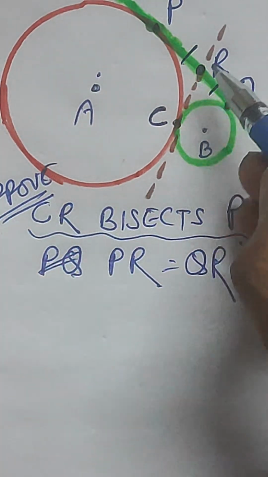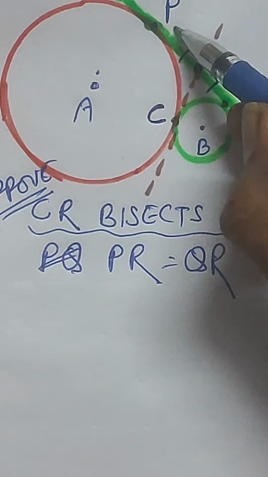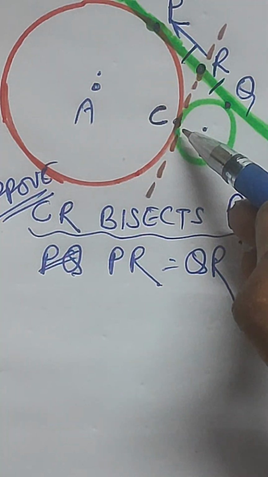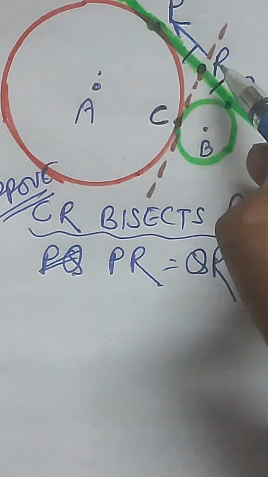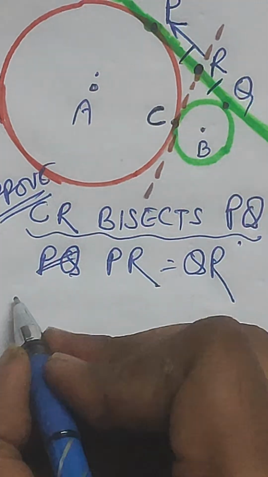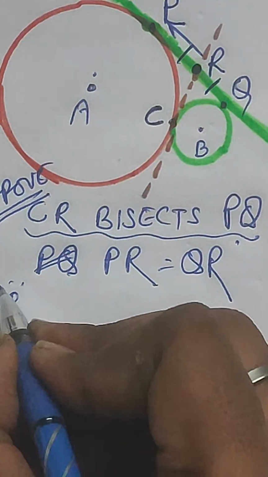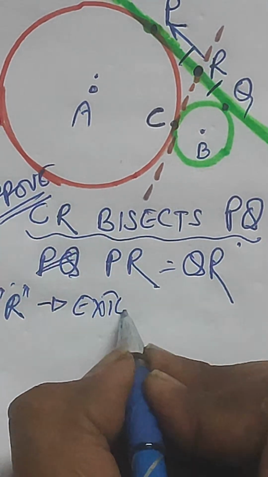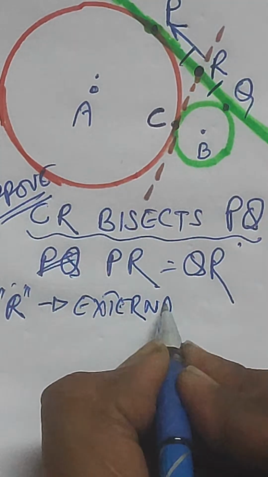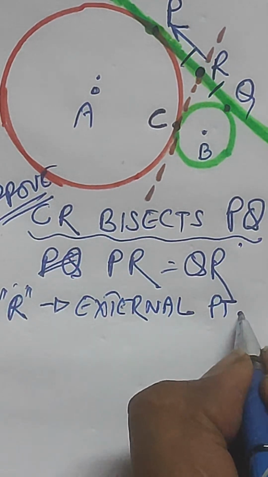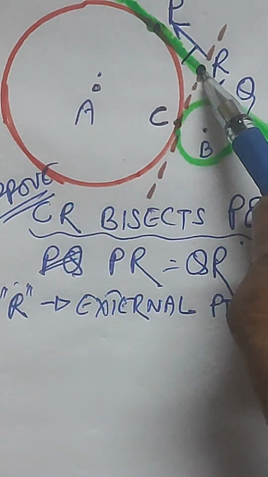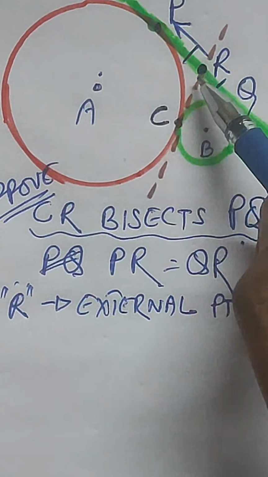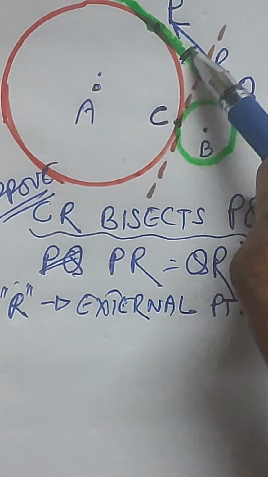From the external point R, you can see tangents drawn towards P and towards C also. You know the property of the tangent: from any external point, when tangents are drawn to a circle, the lengths of both tangents will be equal.